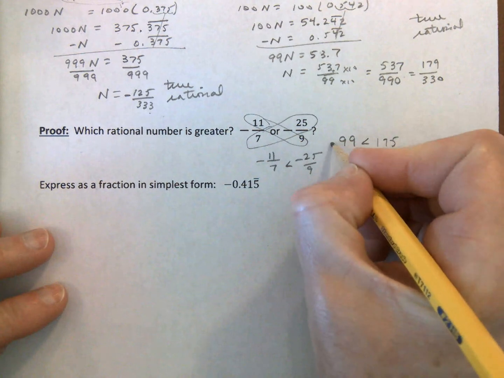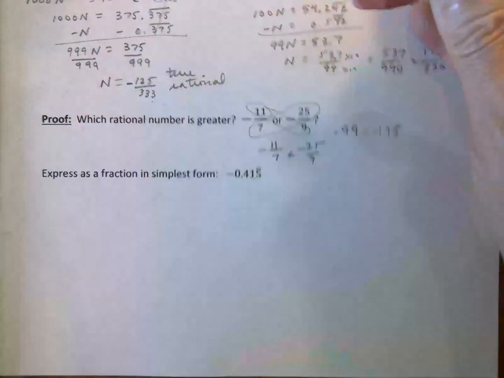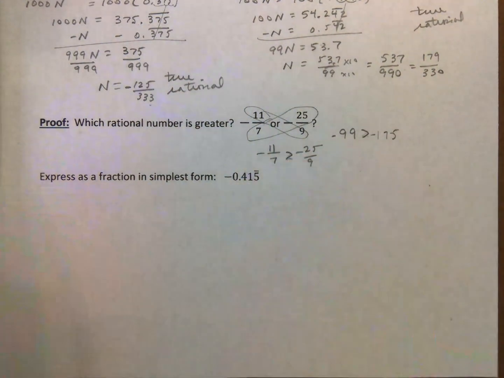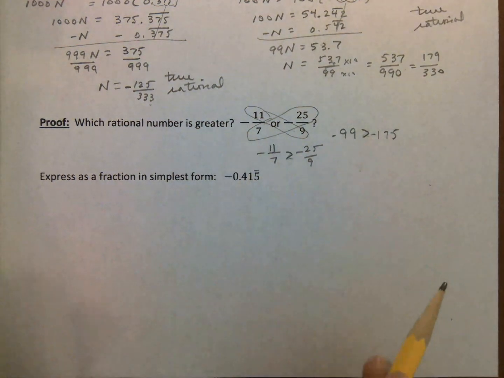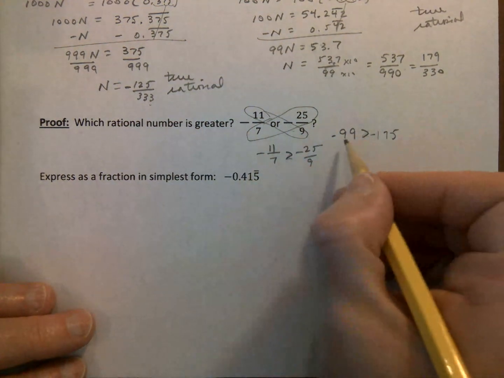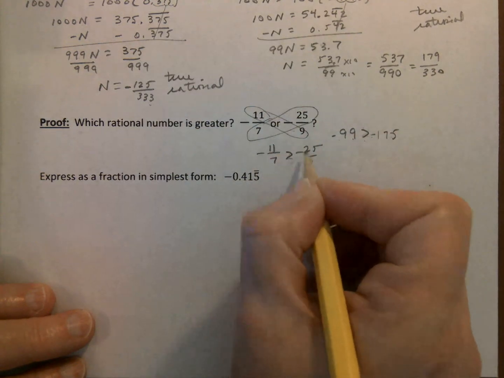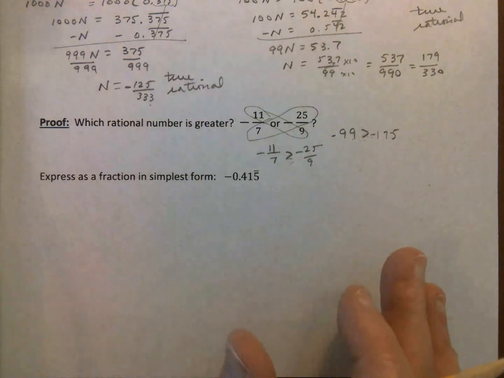And actually, let's do this. I lied to you. Because it's negative, it's the other way around. You can't always ignore the negatives like I try to do. Negative 99 is greater than negative 175. Therefore, negative 11/7 is greater than negative 25/9. If they were positive, it would be the other way around.